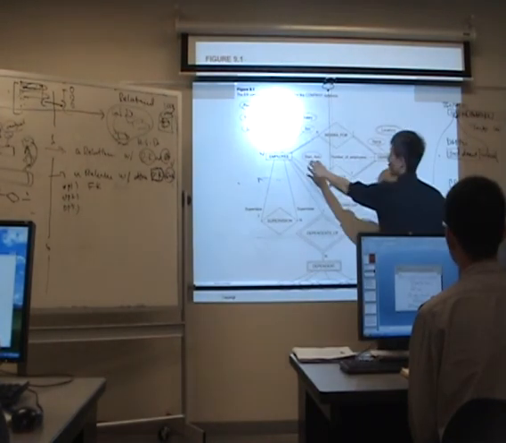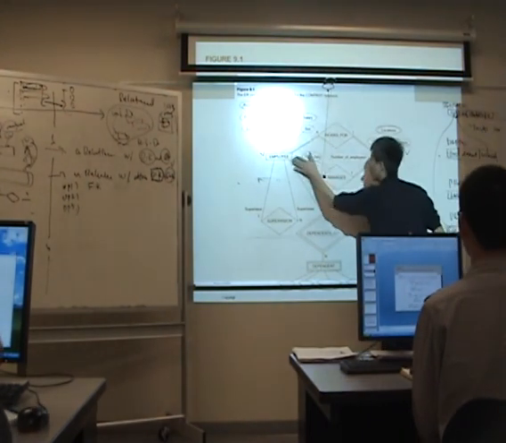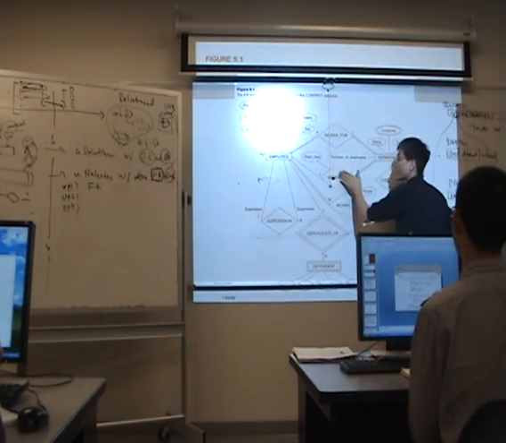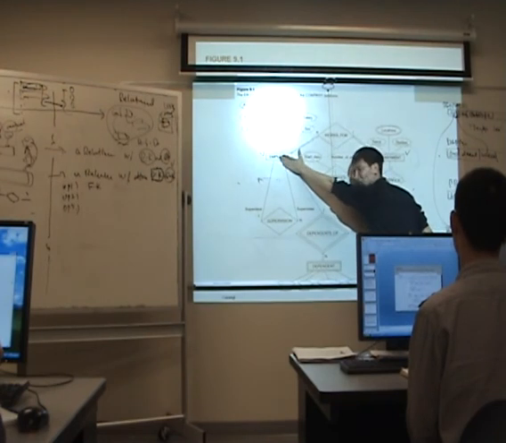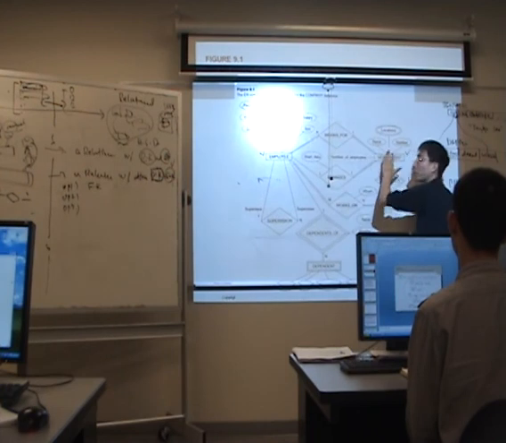Then, what about the start date? Does the start date go to this one or this one? It's a manager starting date, right? Not all employees have a starting date. So it doesn't matter actually, but you'd better keep the starting date over here.